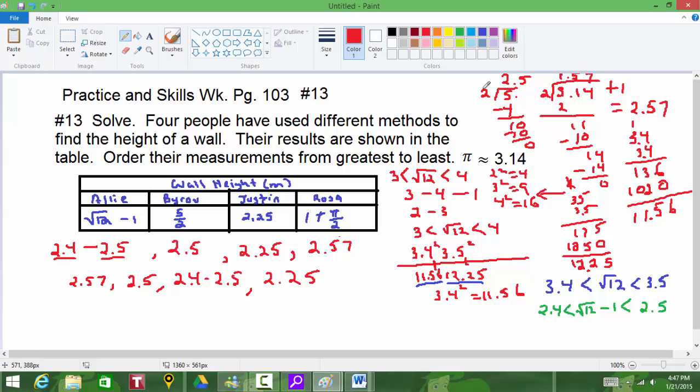Okay, the very last thing you need to do to finish up the problem is to switch it back to the original numbers that we had. So 2.57 is actually going to be 1 plus pi over 2. 2.5 is that one right over here. 2.5 is 5 over 2. 2.4 through 2.5, remember that's this first one, so that's going to be square root of 12 minus 1.